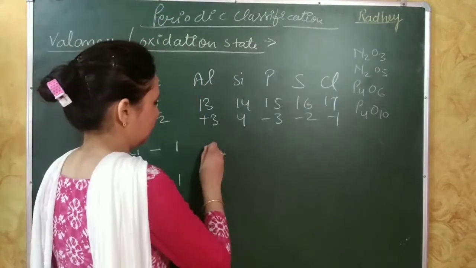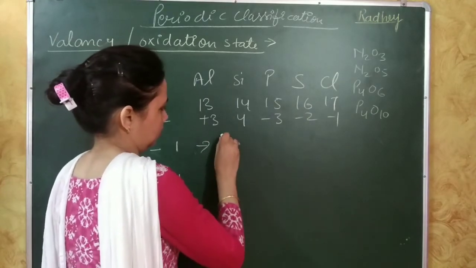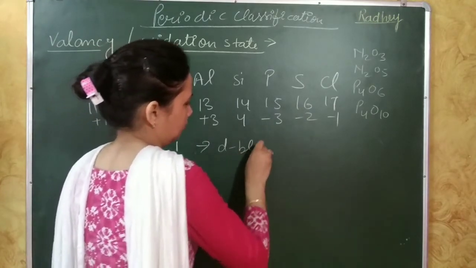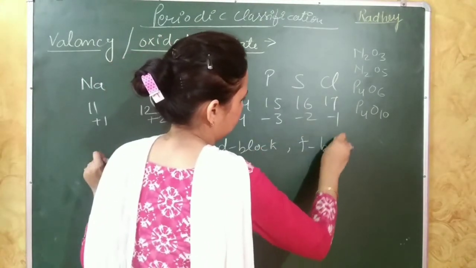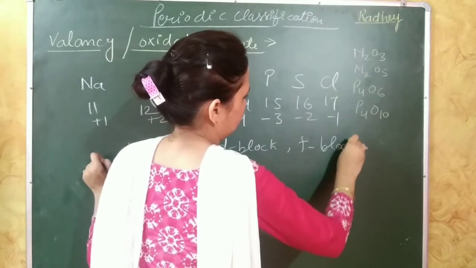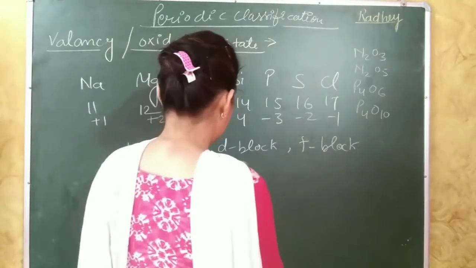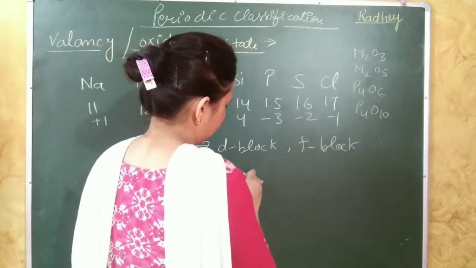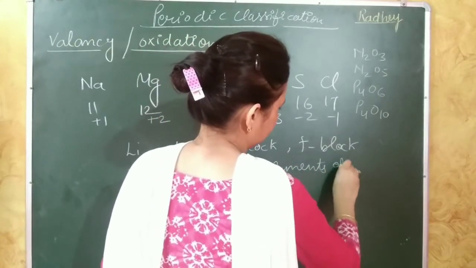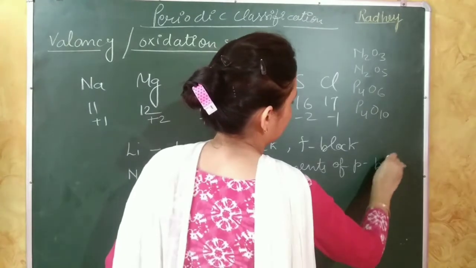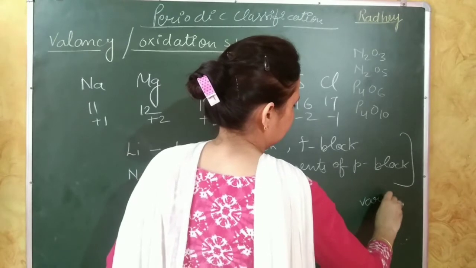So almost all D block and F block elements have variable valency, and some elements of the P block as well.